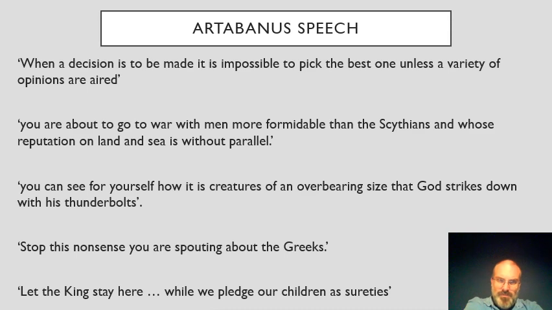So this is an unusual motivation. The Greeks are fighting for their polis, for their freedom, and even Artabanus is suggesting that the Persians would be fighting because their children will be executed if they're not. So, fighting out of fear rather than any kind of loyalty or noble motivation.